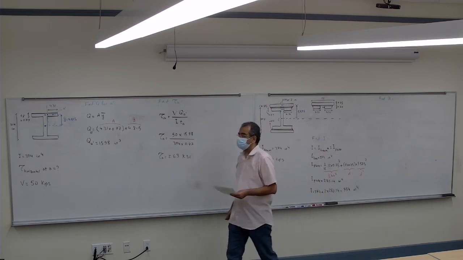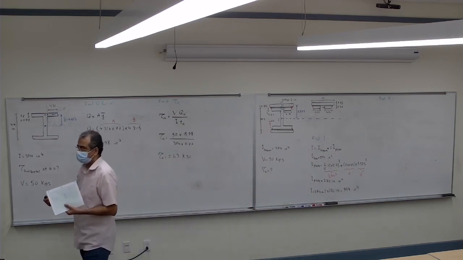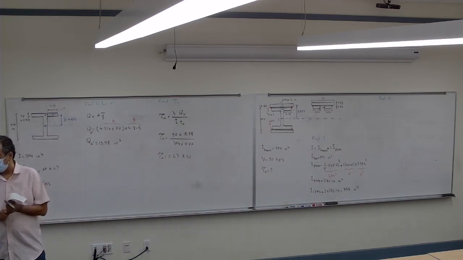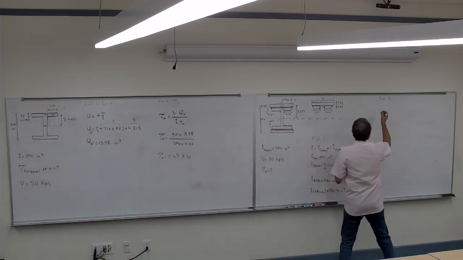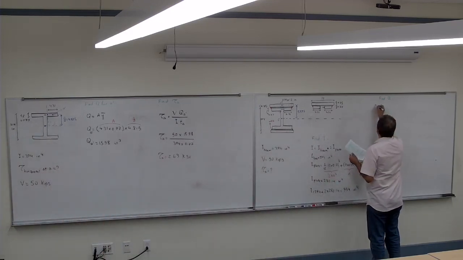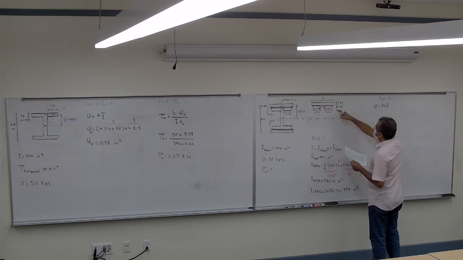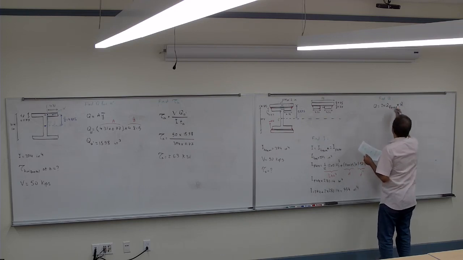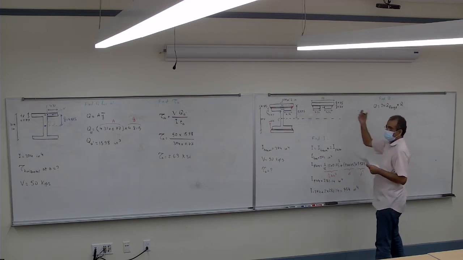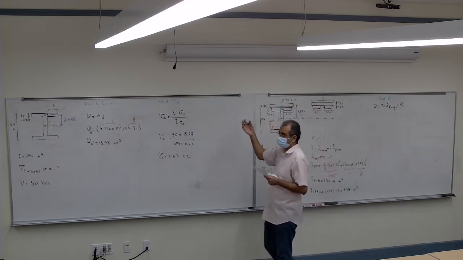So again, the Q is going to be for the flanges and the top plate. The Q is 2 times the Q for the flanges plus the Q for the top plate, basically.